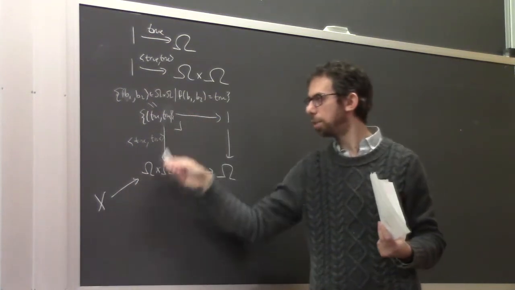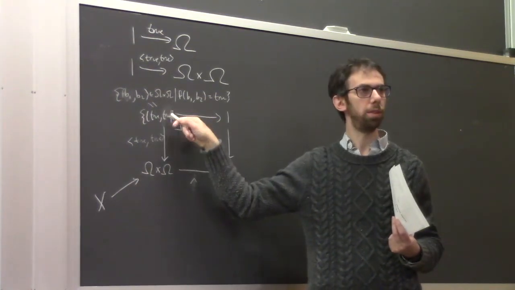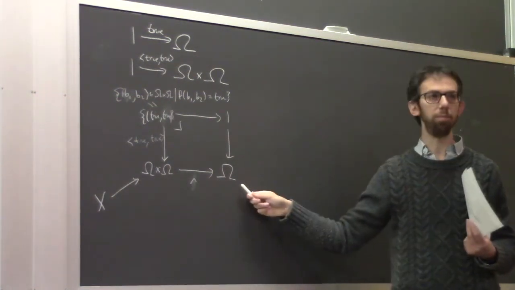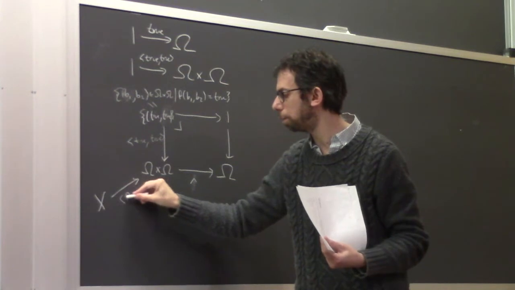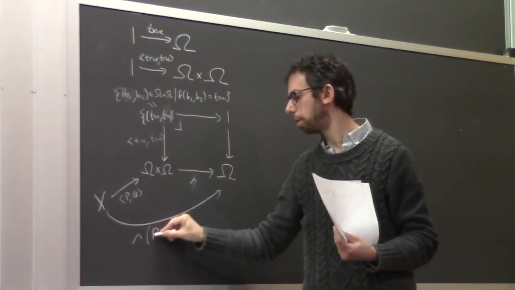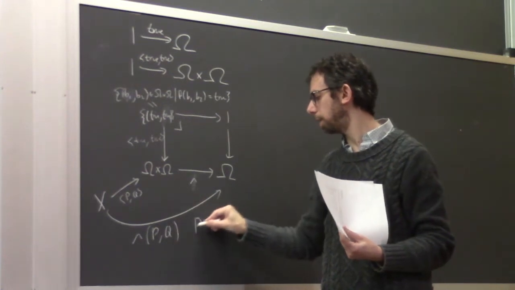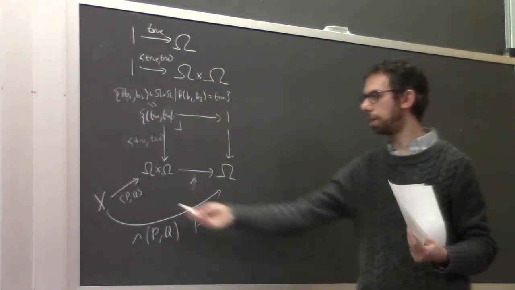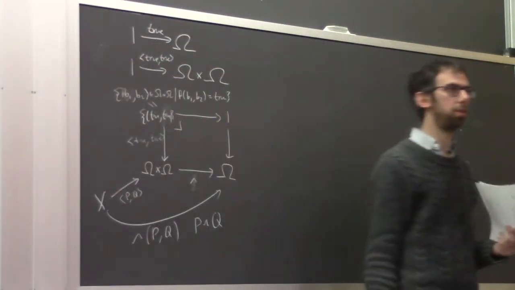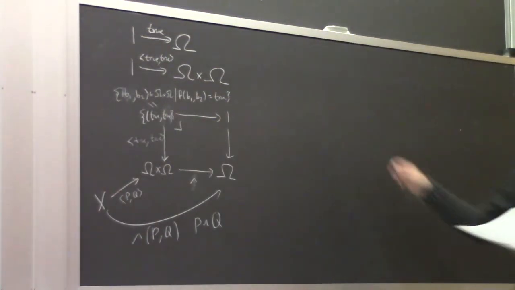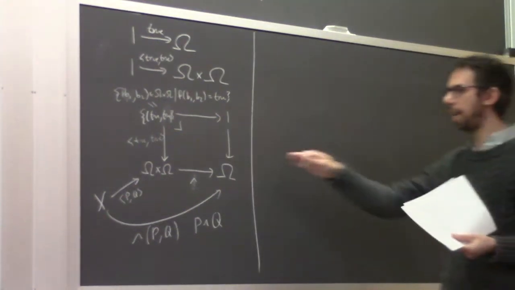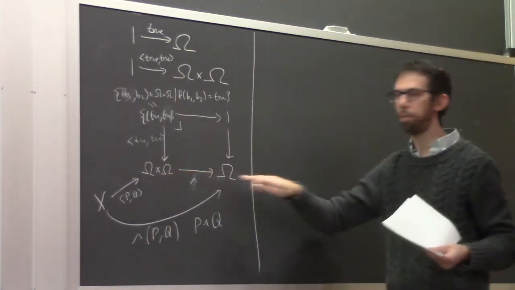If I call this P comma Q, then this would be called and of PQ, or P and Q. Because the only subset of things that do that are those that go to true comma true. Probably nicer ways to say this, but that's what it is. So we could take any subset of omega times omega and get a map from there to there.